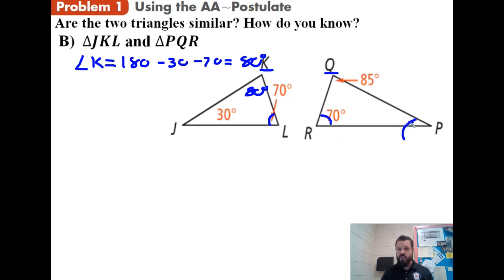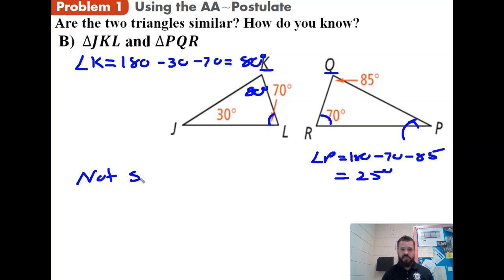Now I could do the same thing with P: 180 minus 70 minus 85, and that would give me 25 degrees. Not congruent to the 30 here. So since the angles of these triangles don't match up, I know that they can't be similar to each other. So are the triangles similar? We can say not similar.